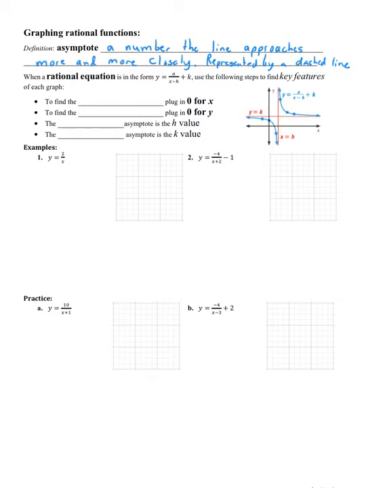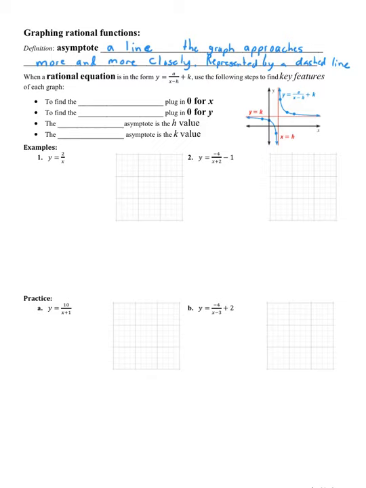And I actually want to rewrite the way I said it here, because I said a number the line approaches. Instead, I want to say it's a graph or a line the graph approaches. So I'm going to change that wording just a little bit, because the asymptote will be a line. It's not just going to be a single number. I don't want that to be confusing for you guys.